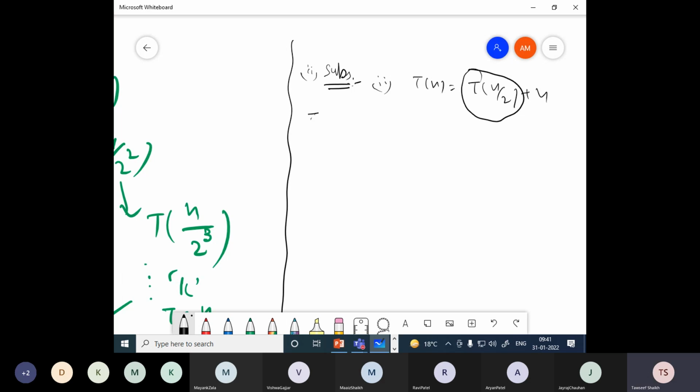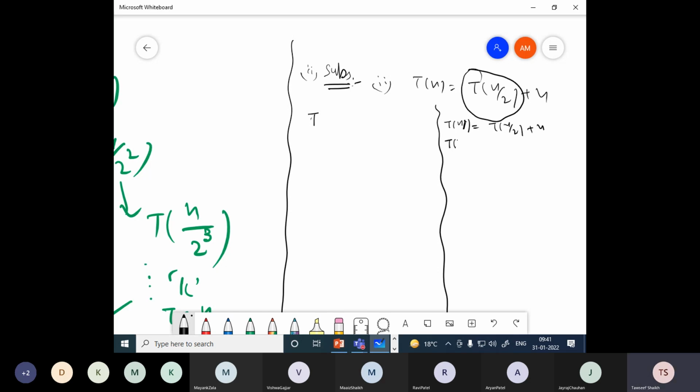So T of n, again using the substitution method, I need to solve it. The solution I can find is that I have to find the value of T of n by 2.